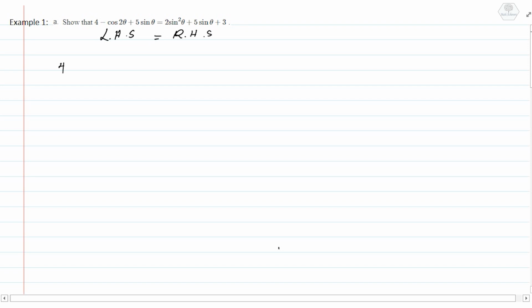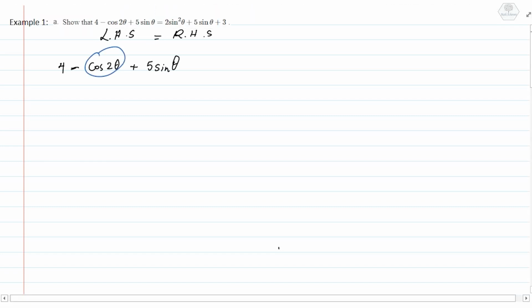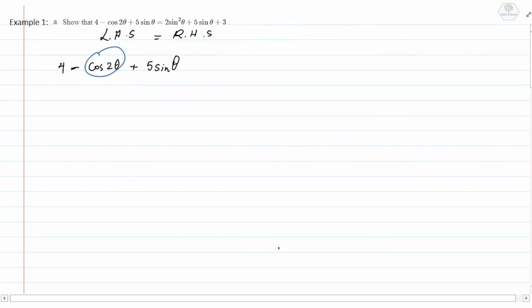We have 4 minus cosine 2 theta plus 5 sine theta. If I get back to my identities, I want to change the cosine 2 theta in here. I find that cosine 2 theta is equal to 1 minus 2 sine squared theta.